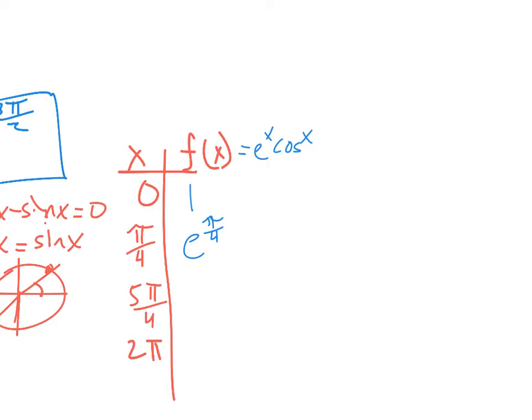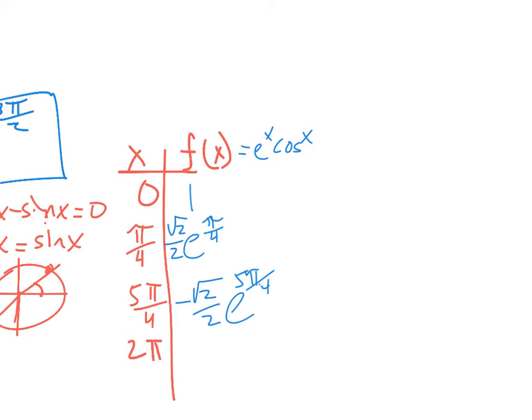Well, yeah, we'll deal with that in a second. So root 2 over 2, that's cosine of pi over 4 is root 2 over 2. Okay. Cosine of 5 pi over 4 will be negative root 2 over 2 times e to the 5 pi over 4, that is.